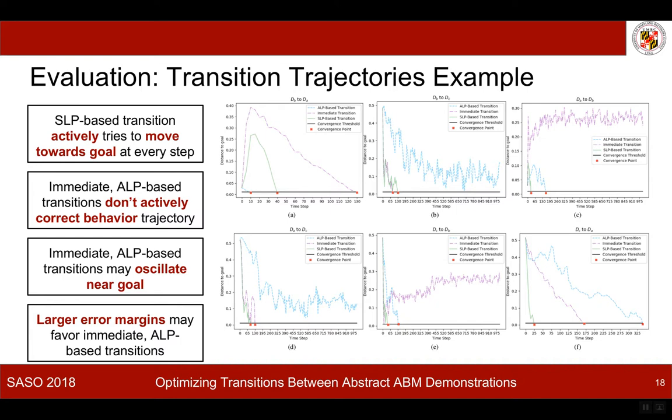However, it's worth noting that large error margins may favor the immediate and ALP-based transitions, as you can see in some of the behaviors, especially for the ALP-based transitions such as B to C and A to C, where we approached the convergence threshold but did not reach it.